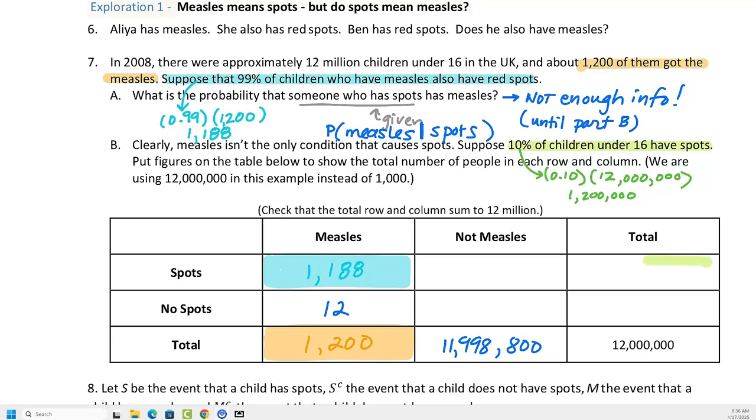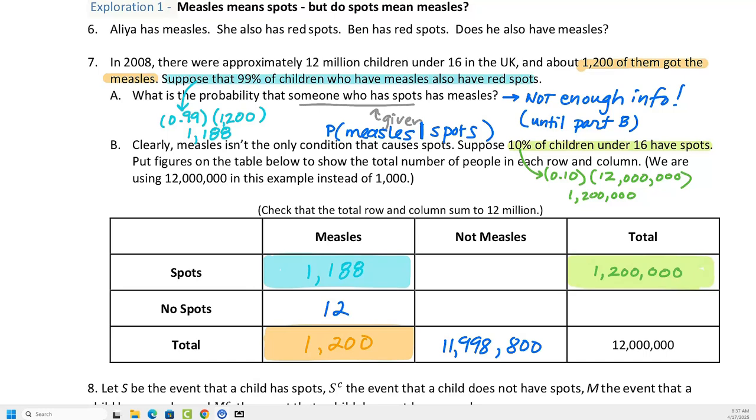Notice that's going to be this column here. Okay, and now once we have that, we can fill in the rest of the information.